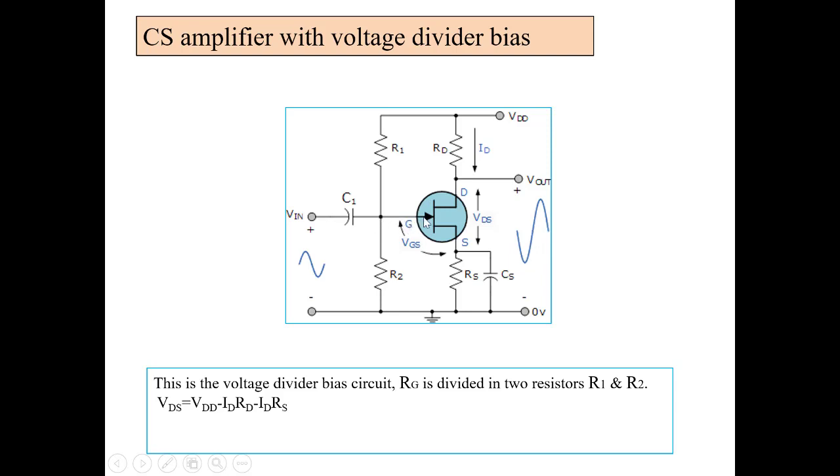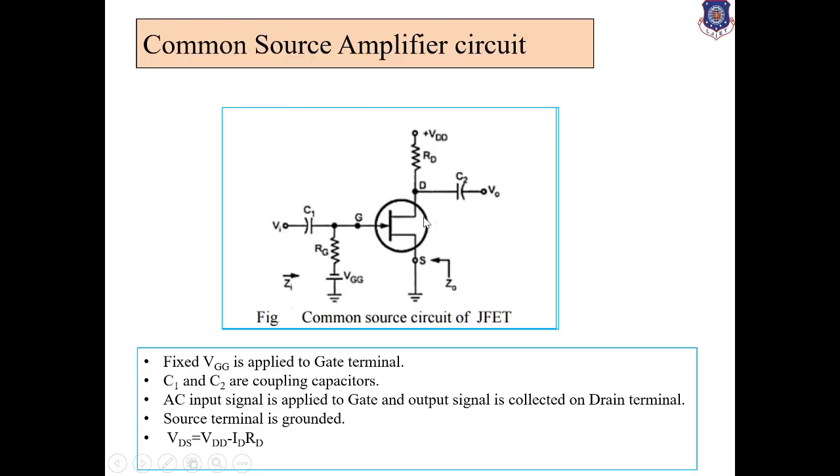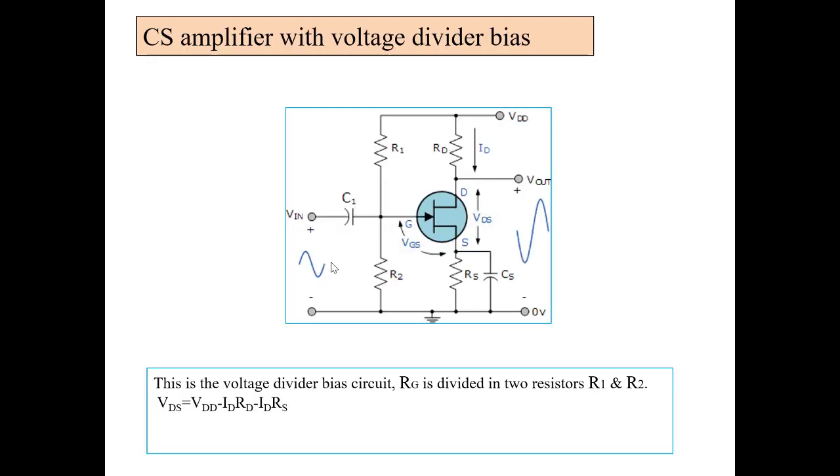In the previous circuit, I connected RG at this gate terminal. RG is connected at the input terminal. Here RG is divided into two parts, R1 and R2. So we will follow the voltage divider bias rule for analysis of this circuit.